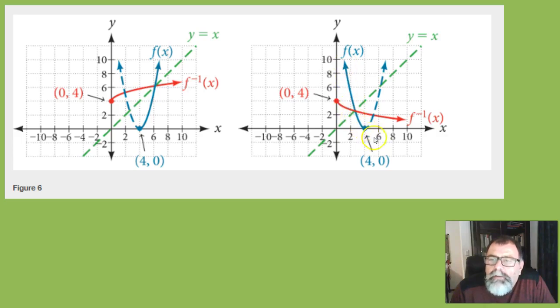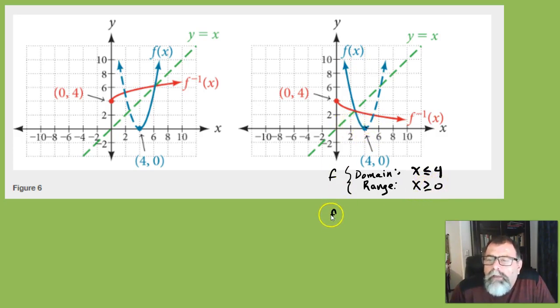So that's the domain for f would be x is less than or equal to 4, and the range, this is for f, the range would be from 0 to infinity. So y is greater than or equal to 0.